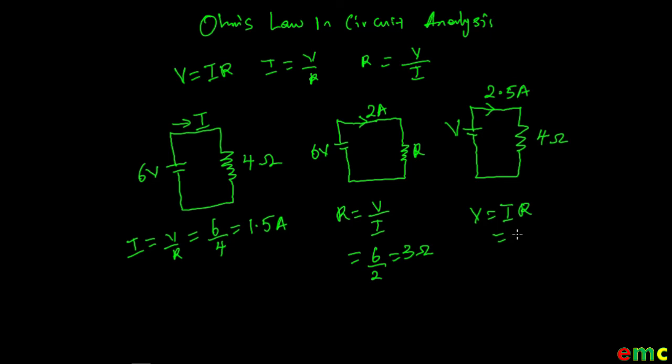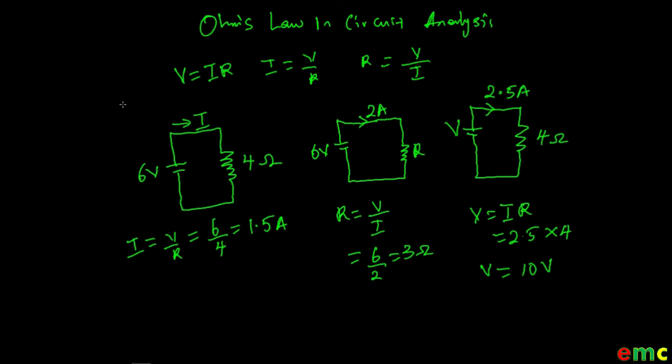That means we have 2.5 multiplied by 4, and that is going to give us 10 volts. So the voltage that is energizing this circuit is 10 volts. The resistance of the previous circuit is 3 ohms, and the current flowing in it is 1.5 amps.